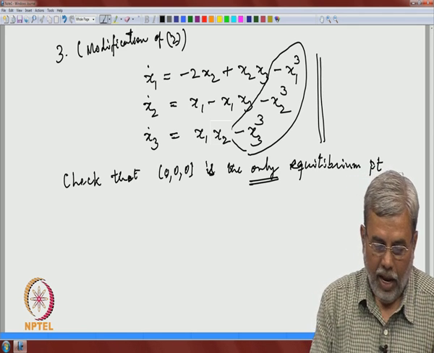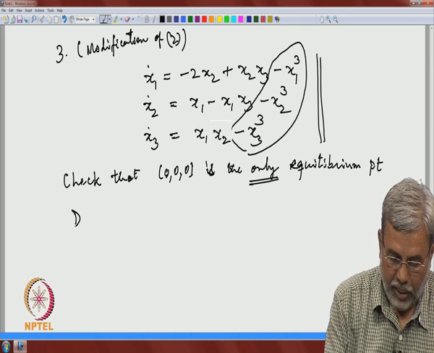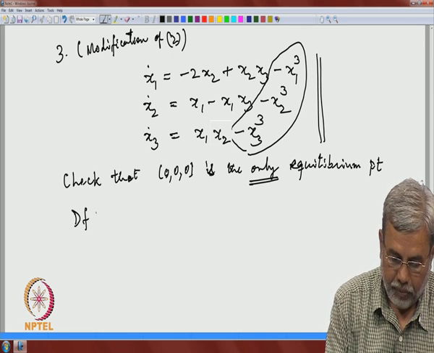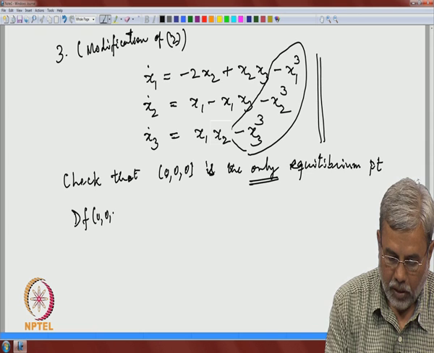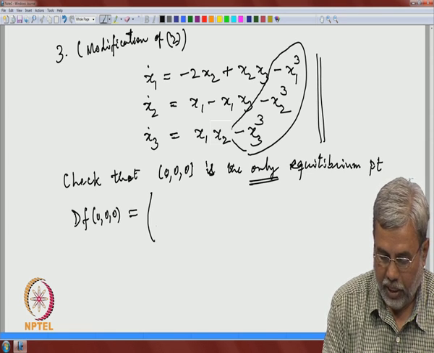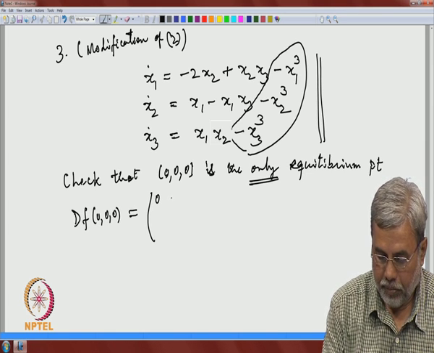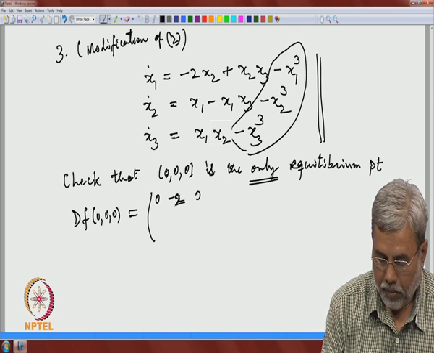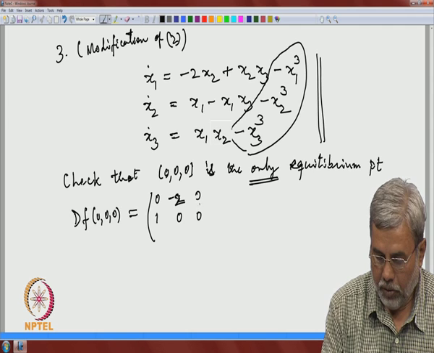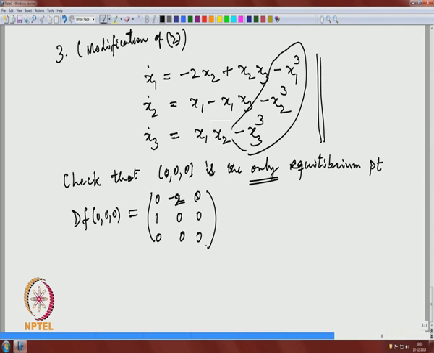Okay. And again the Jacobian is the same. So, there is no change in the Jacobian: one 0 0, 0 0 0. Okay. So, again it is a degenerate system. Okay. There is absolutely no change.